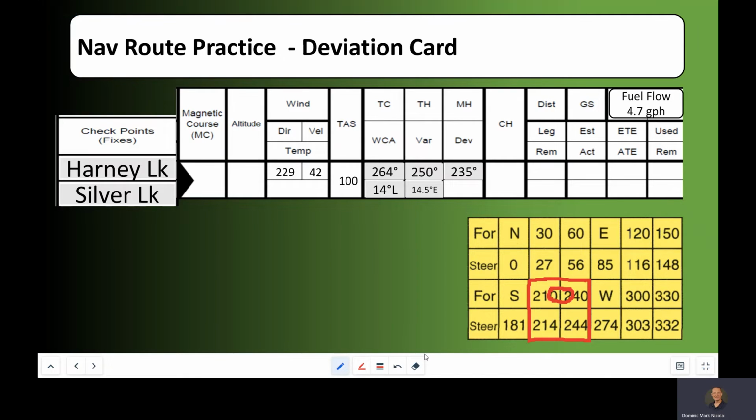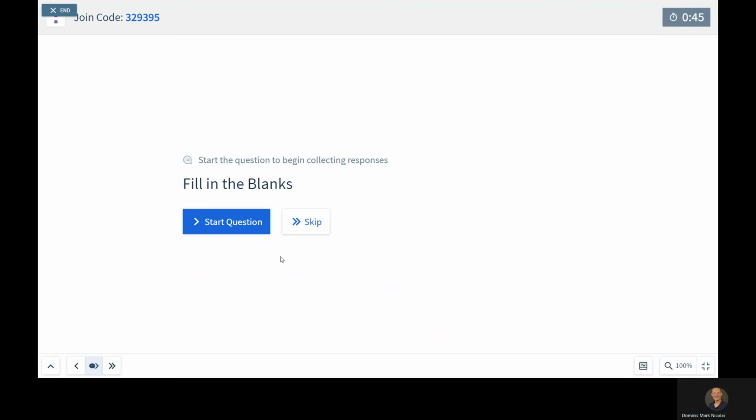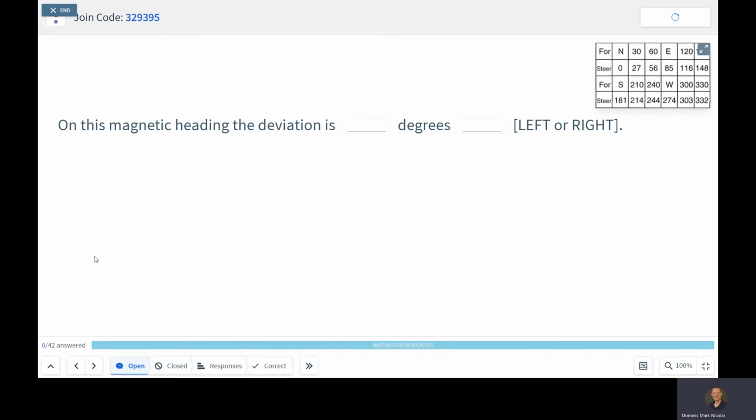So that's going to be your next question here, determining the deviation. We're trying to get a magnetic heading of 235. So how many degrees do we have to deviate, and do we go left or right? Remember, if your numbers go smaller, that's a subtraction.